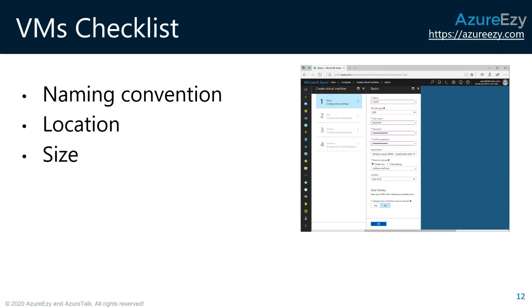Suppose your application is okay with 4 CPU and 4 GB RAM, but just to be on the safer side, you create a virtual machine with 16 CPU and 32 GB RAM. Now you are paying more to Azure for something you will never use. Those considerations must be taken care of when you are talking about size.